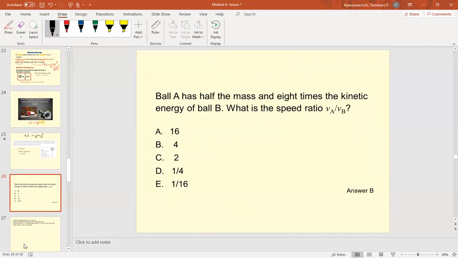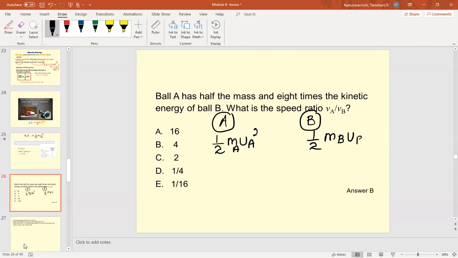Ball A has half the mass and 8 times the kinetic energy of ball B. What is the speed ratio? Okay, ball A, ball B. What we look at, if I have half m a va squared here, I have half mb vb squared, right?